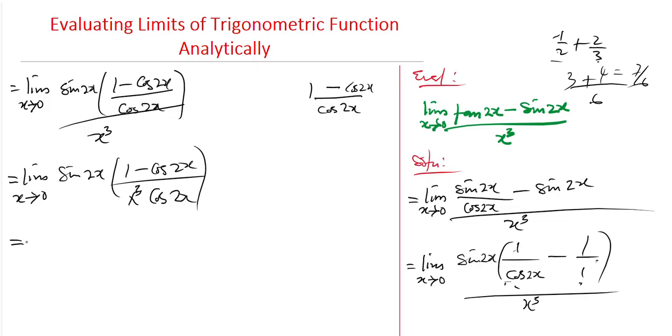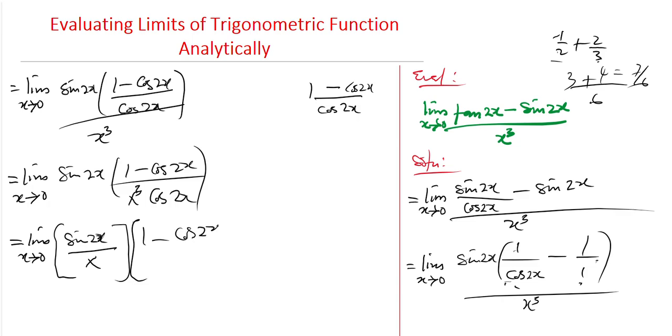So this will imply that the limit as x approaches 0 of sine 2x all over x, so this is the first part, multiply 1 minus cos 2x all over x squared, so that this multiply this, we already have x cubed.